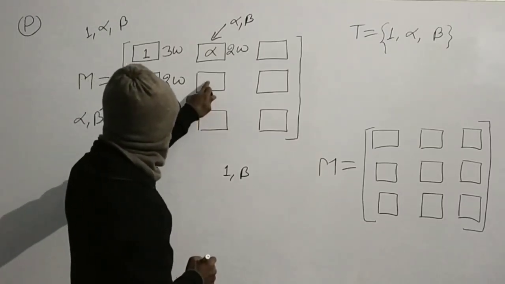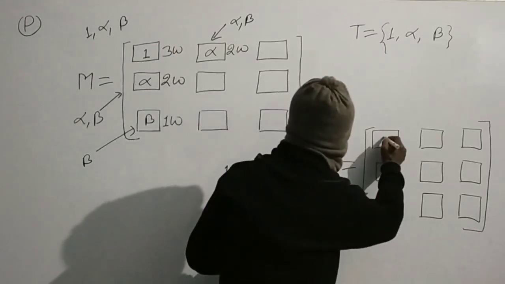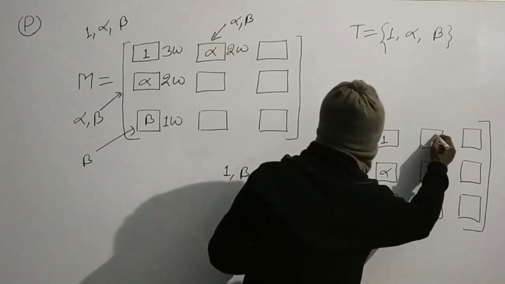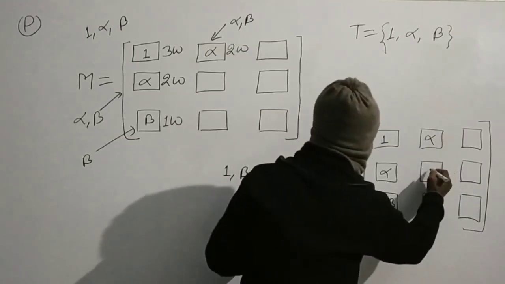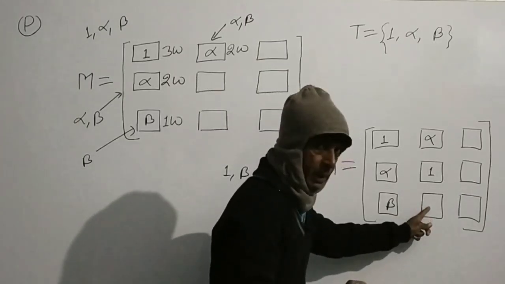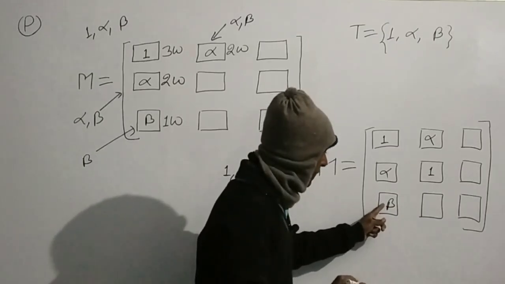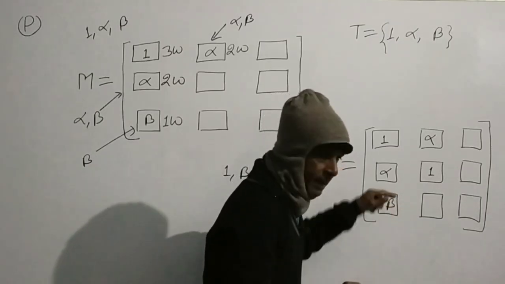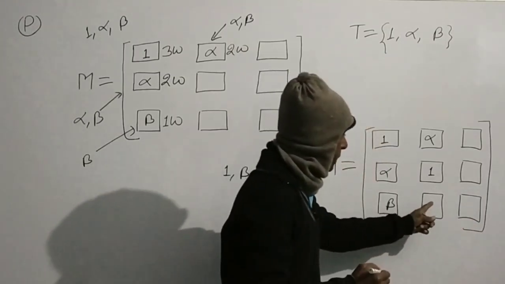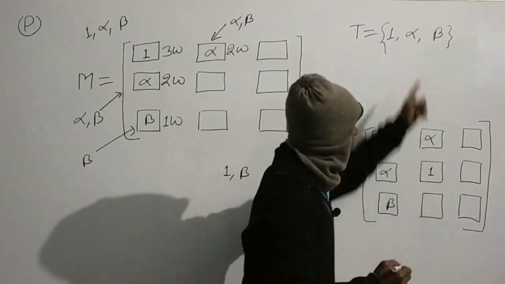But if we fill this place by alpha, 1, then we will have to fill this place by beta, but beta has already appeared here. Therefore, beta again cannot appear in this row. That means now we cannot fill this place by any element.